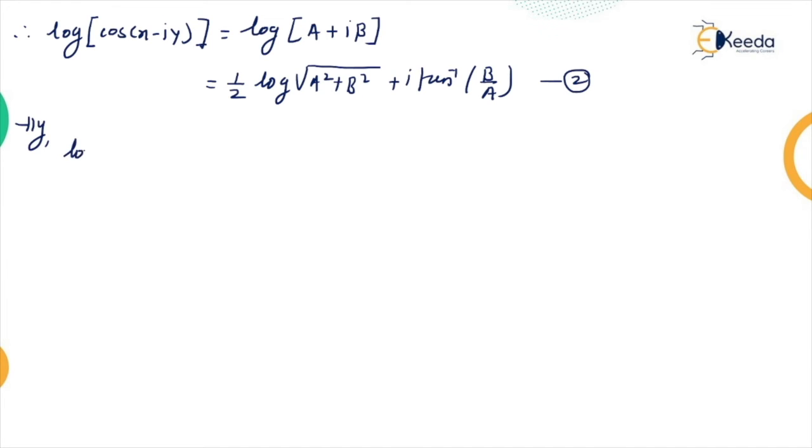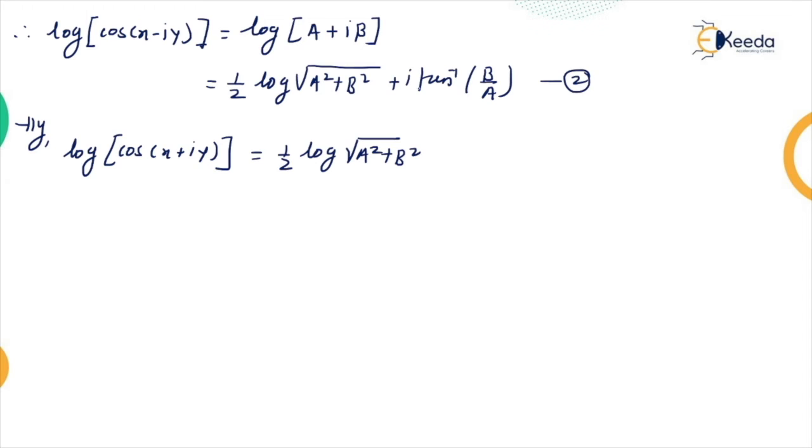Similarly, you have to write again log of cos x plus iy. There is a difference, minus and plus, so I am writing the formula from equation number 2 as again 1 divided by 2 log of under root a square plus b square.